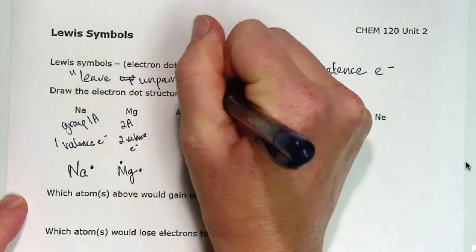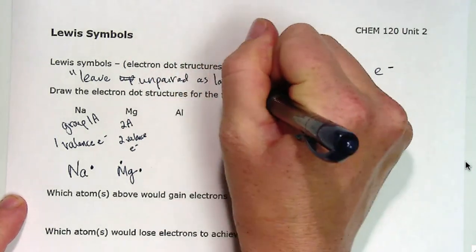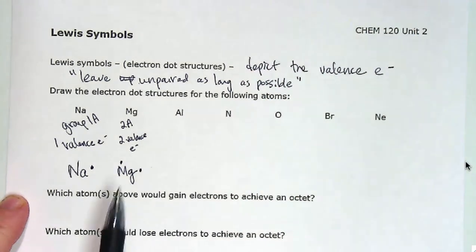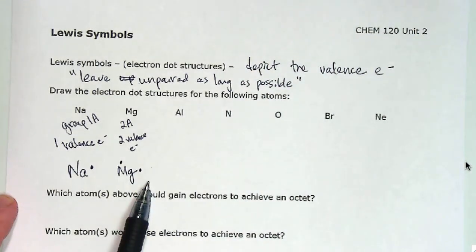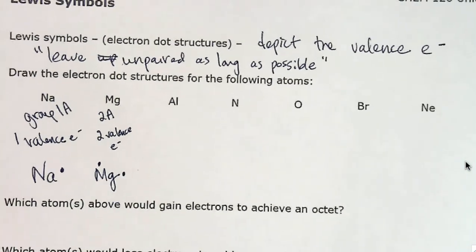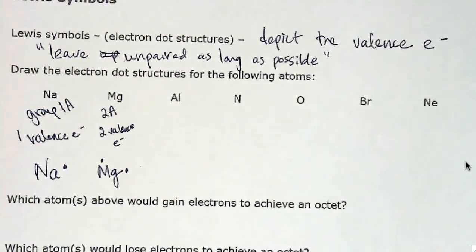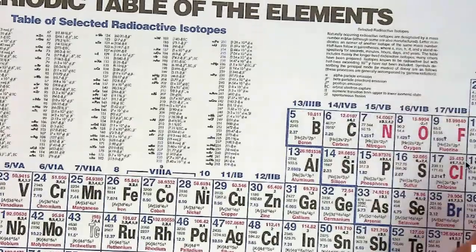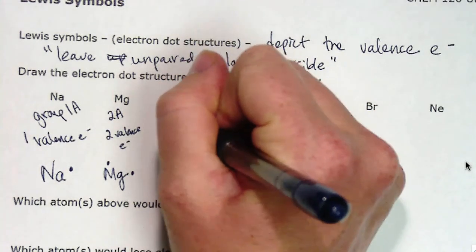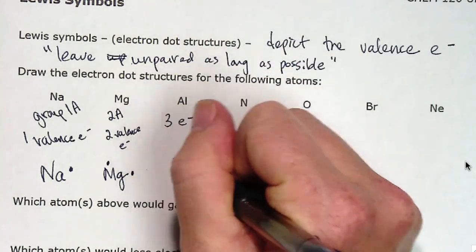Like with magnesium, I didn't put them immediately adjacent to each other. All right. Aluminum is in group 3A, so it's going to have 3 electrons, so it will look like this.